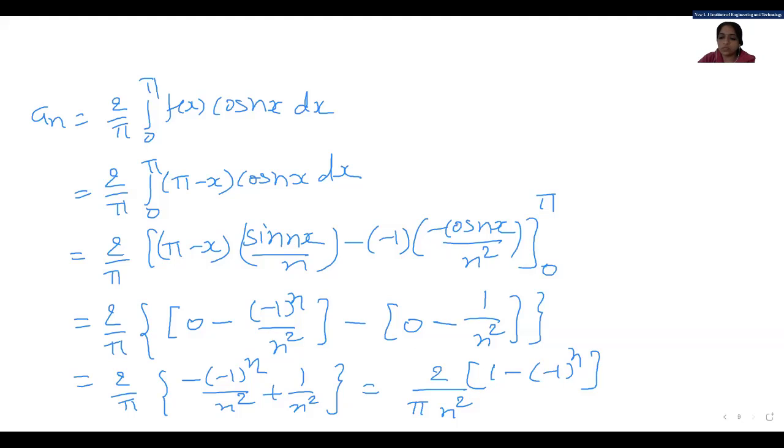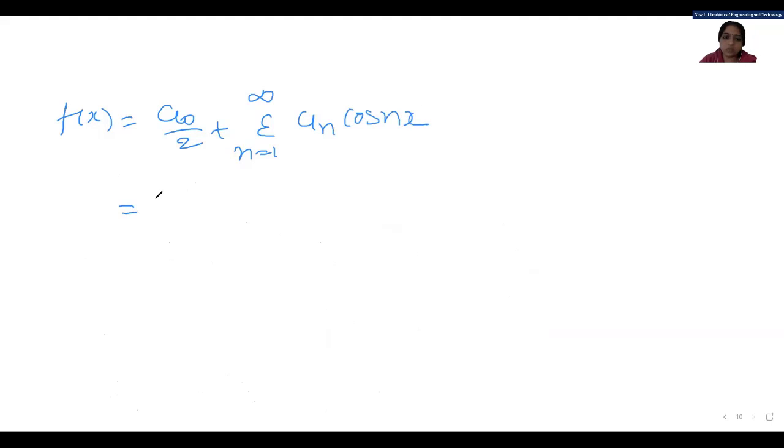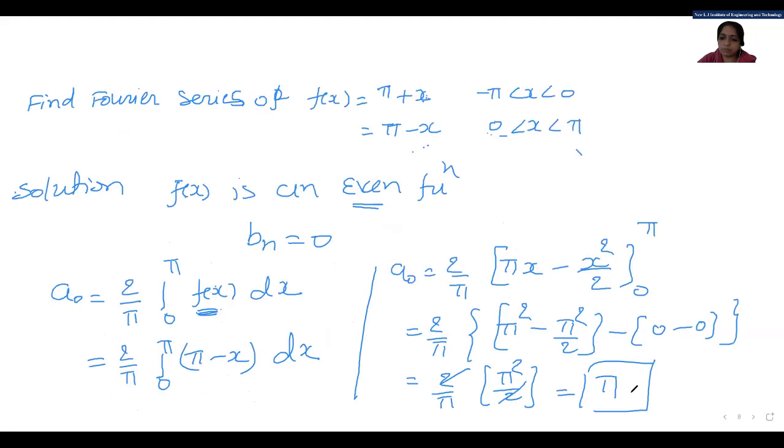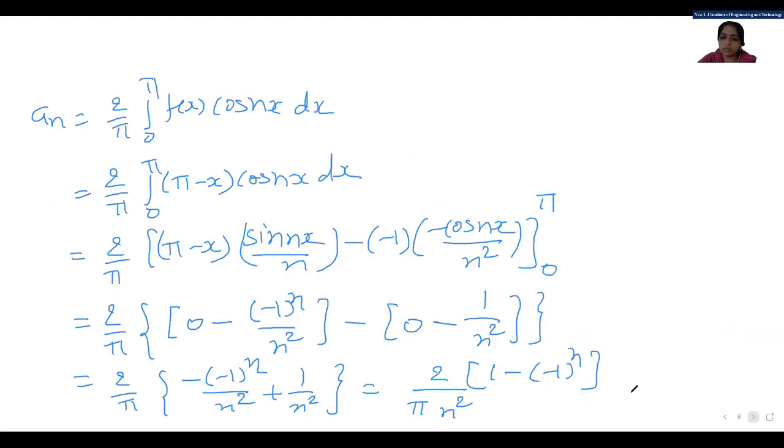So our Fourier series is f of x equal to a0 by 2 plus summation n 1 to infinity an cos nx. What is the value of a0? Our a0 is pi, right? And an is 2 upon pi n square, 1 minus 1 raised to n.